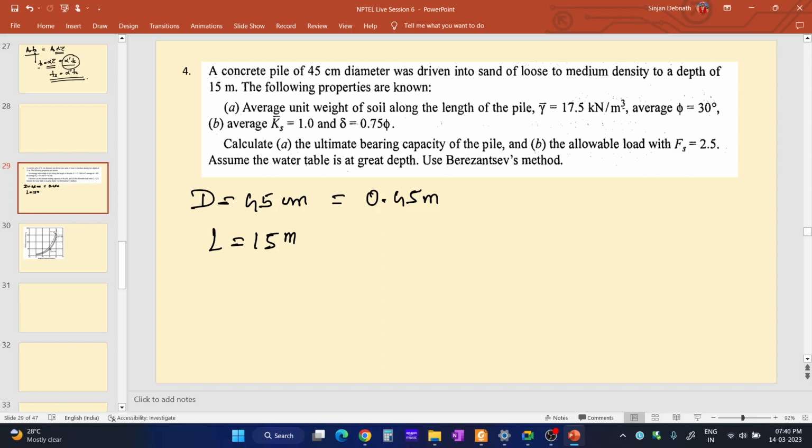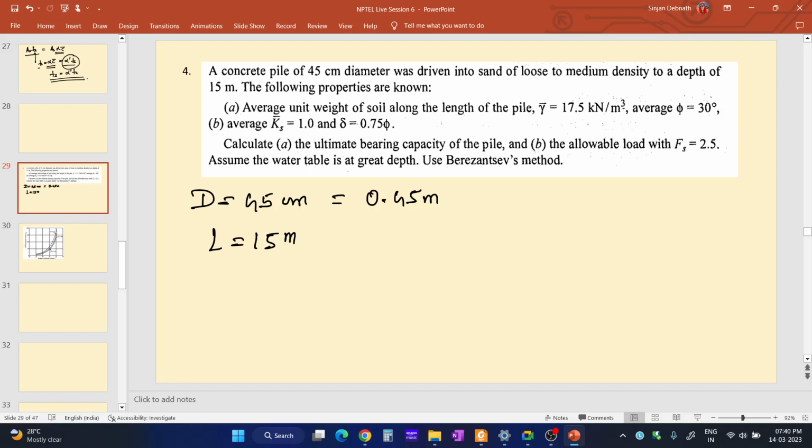We need to find the ultimate bearing capacity of the pile and also the allowable load. So we need to find the ultimate load and divide that by the factor of safety, which is 2.5. After that we will get the safe load or the allowable load. Both are the same. The water table is at a great depth. We need to use the Meyerhof method.